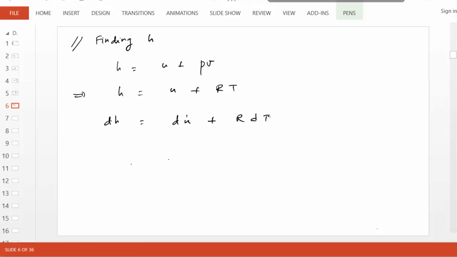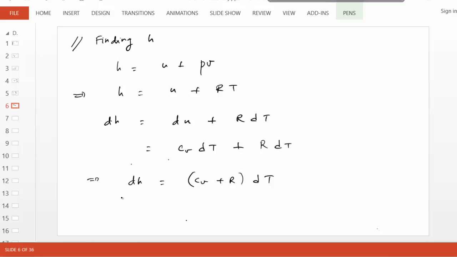R is a constant, and we have already shown that dU is CV dT in the previous slide. So this equation reduces to the differential of enthalpy becoming this. And this is from the basic definition. This is true for both ideal gas and perfect gas, by the way.